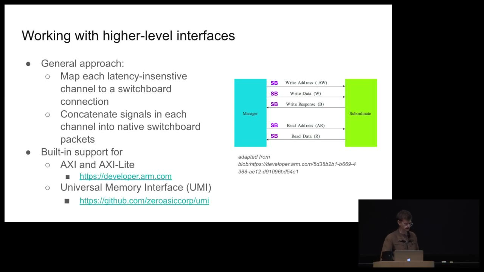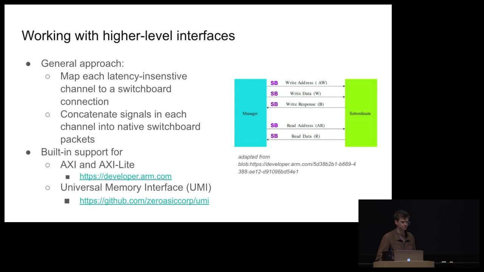In that case, the general strategy is you take each of the latency insensitive channels present in that interface, and in the case of AXI there are 5 channels. You map each one of those to a Switchboard connection, and then just concatenate the bits in each channel and send those across as payloads of the Switchboard packets.